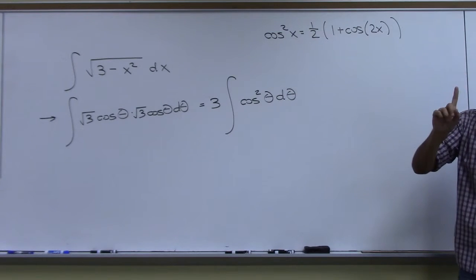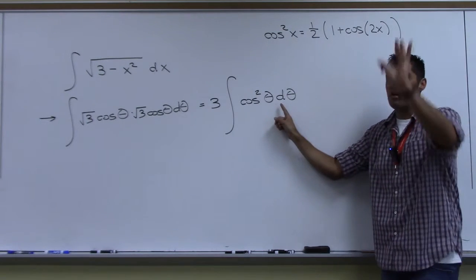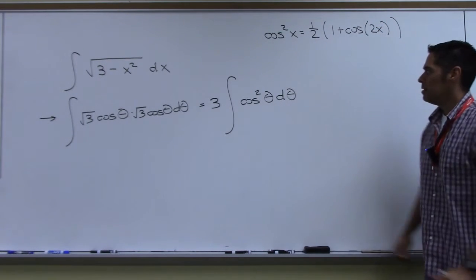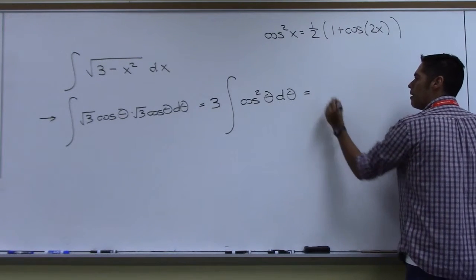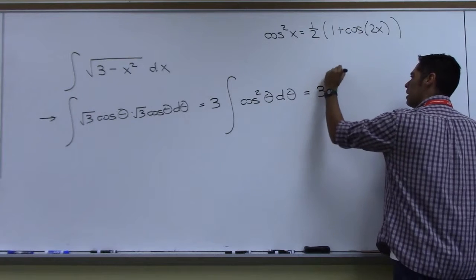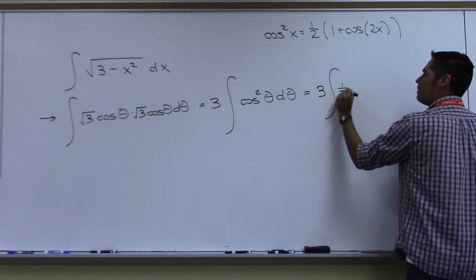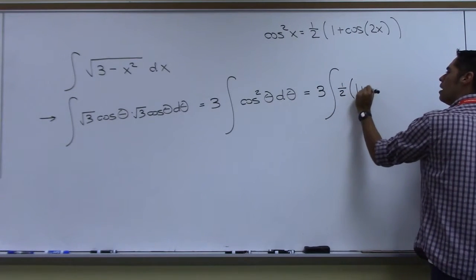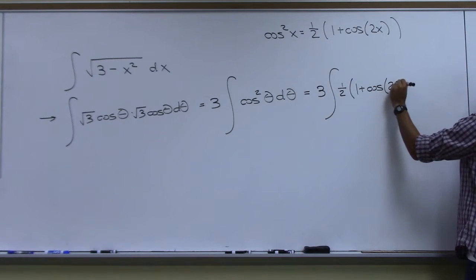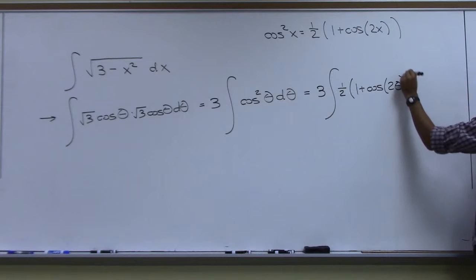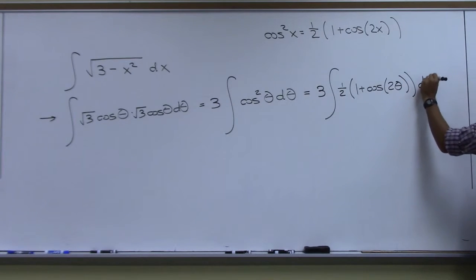You can't mess that up now because we're at theta, not x. So this becomes 3 times the integral of 1/2 times 1 plus cosine 2 theta d theta.